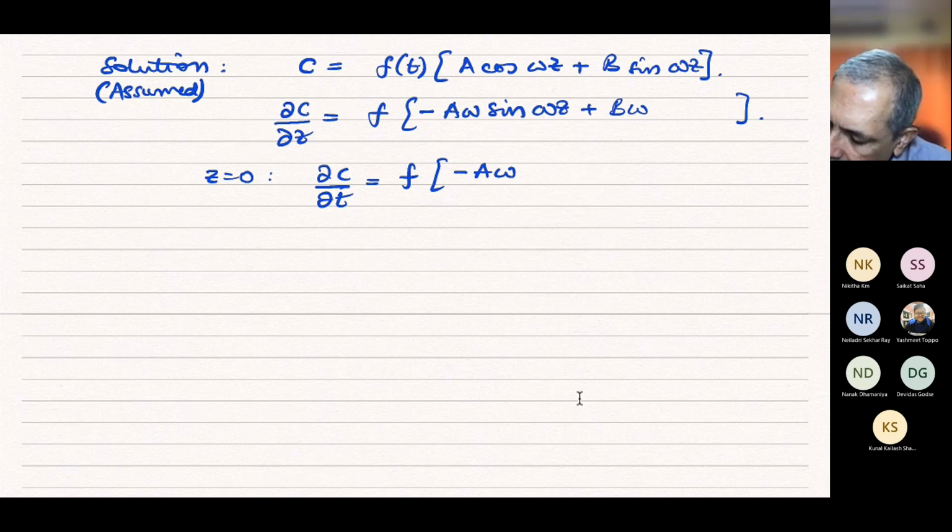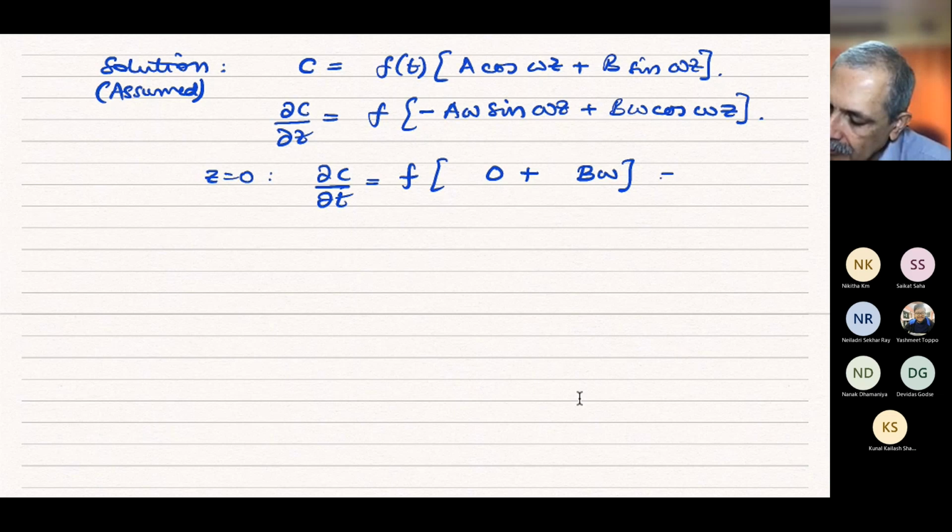This should become sine, and this is cos. Okay, sorry, so this is the correct thing. Now if you see this at Z equal to 0, the first term is 0. So you'll get 0 plus B omega, and at Z equal to 0 this is equal to 0. So this implies that B is equal to 0, because of course F cannot be just 0.